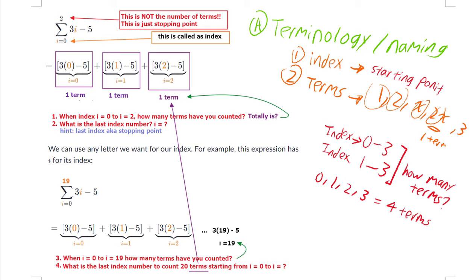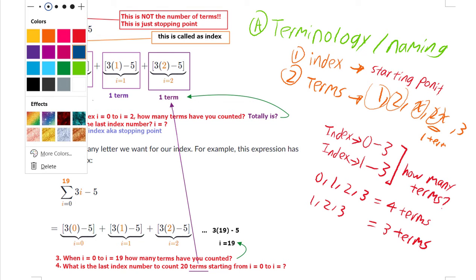If we start from index 1 to 3, that is 1, 2, 3, so we have 3 terms in total. So far, can you understand? I'll give you a little while to digest while I change the pen color.